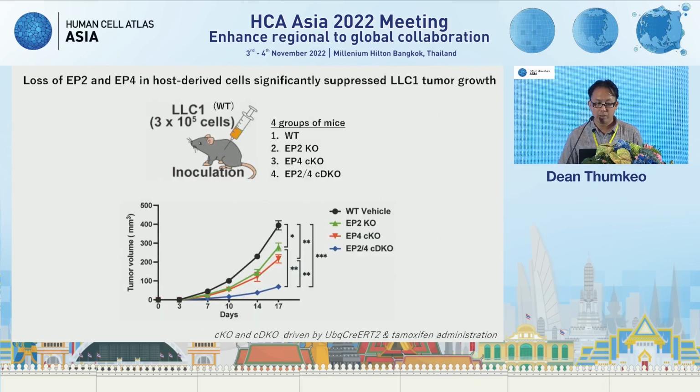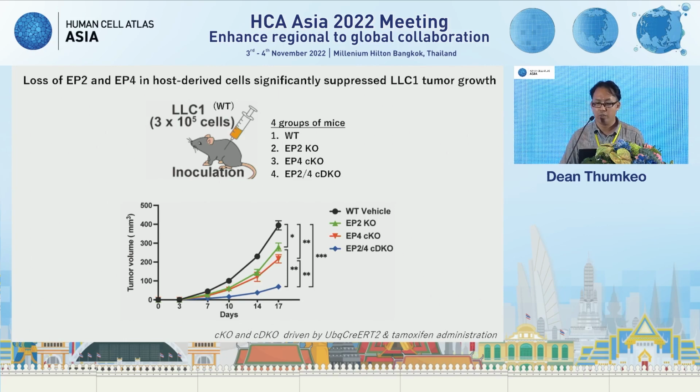To dissect the mechanism, the next experiment tested the growth of wild-type LLC1 tumor cells in wild-type control mice or in EP2, EP4 double knockout mice. We transplanted the wild-type cells into the control or the double knockout mice, and we found again that when we transplanted the LLC1 tumor cells into the double knockout mice, it showed tumor growth suppression.